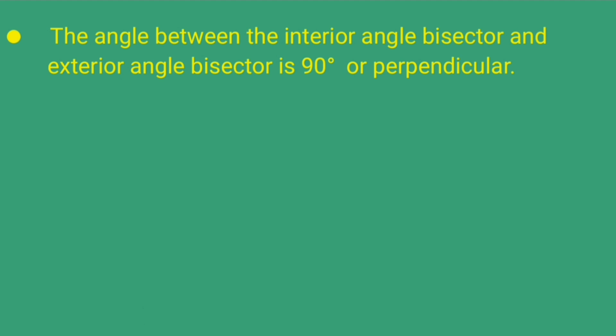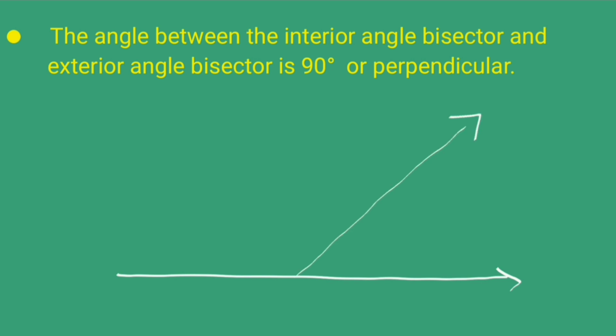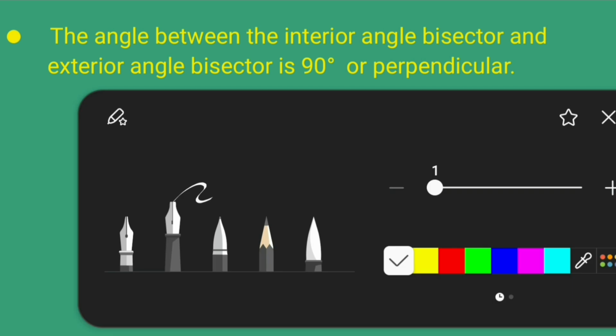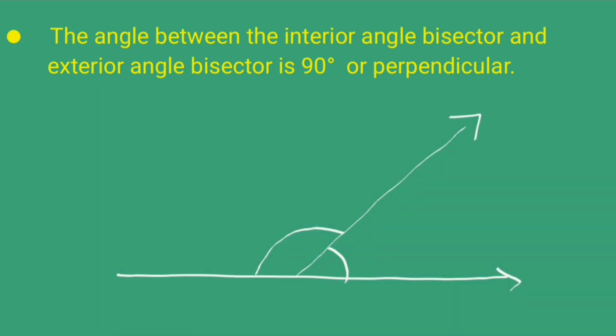The angle between the interior angle bisector and exterior angle bisector is 90 degrees, or perpendicular. Now this angle we call the interior angle and this angle we call the exterior angle.